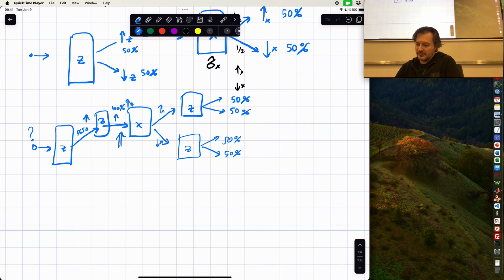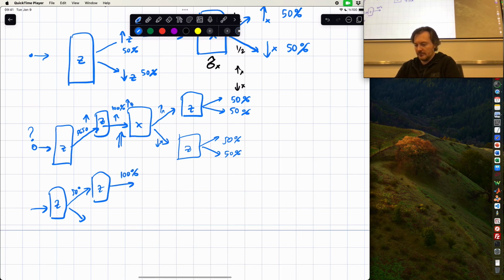For example, one thing is this. You did Z, right? You took 50%, you did Z, 100% Z up, right? Now, you could also do like 45 degrees in the Z direction. That's also possible.